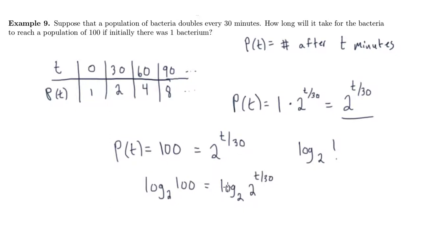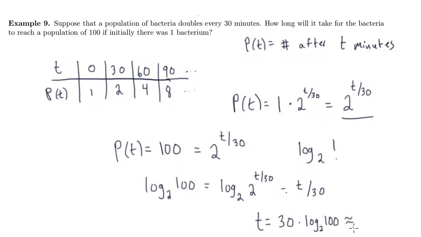But log base 2 of 2 to the t over 30 is just going to be t over 30, because the log base 2 and the exponential base 2 cancel out. And so then I just multiply both sides by 30. So I get that t is 30 times log base 2 of 100.